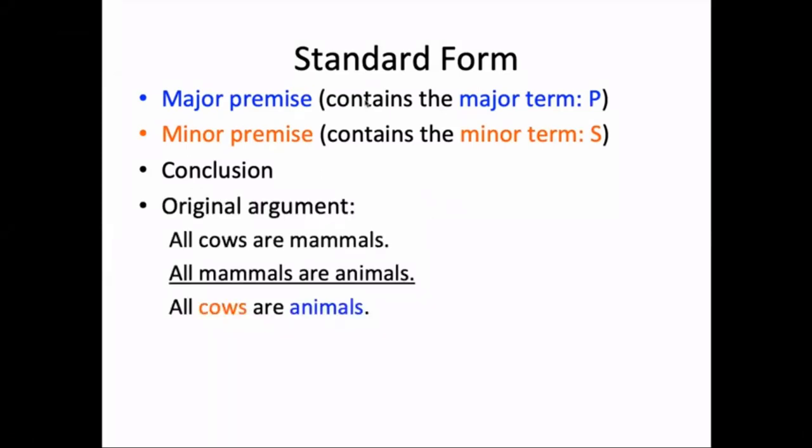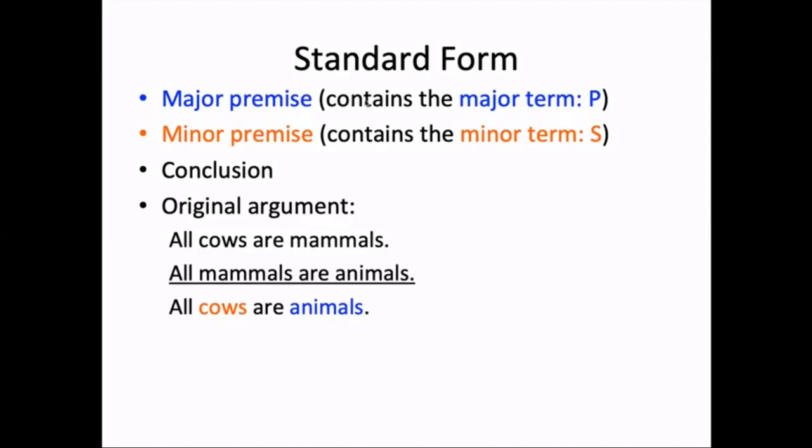Let's take a look at an argument. All cows are mammals, all mammals are animals, so all cows are animals. To put the argument in standard form, we look to the conclusion and we find the minor term and the major term. And then we look to see which of the two sentences that are the premises contain each of those terms.